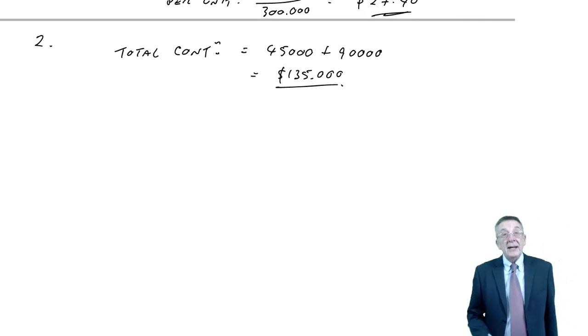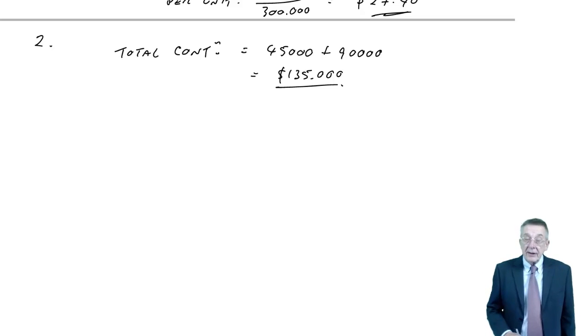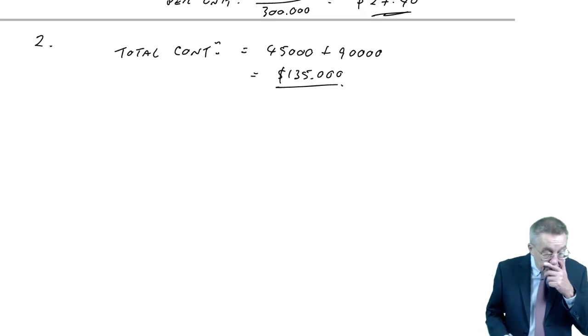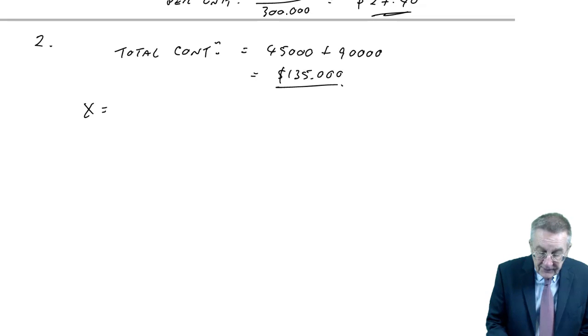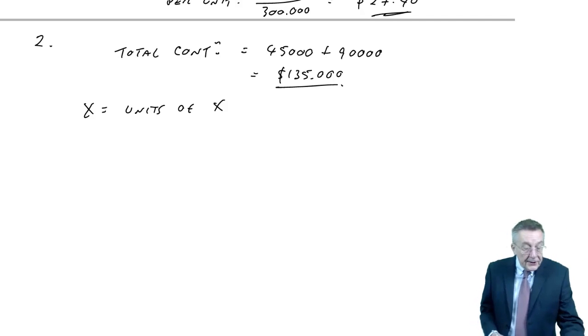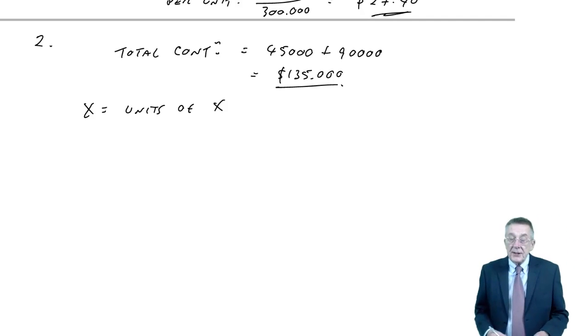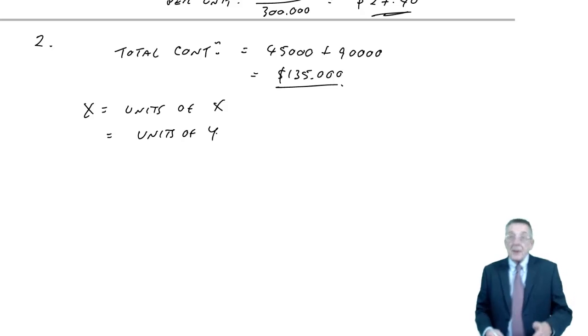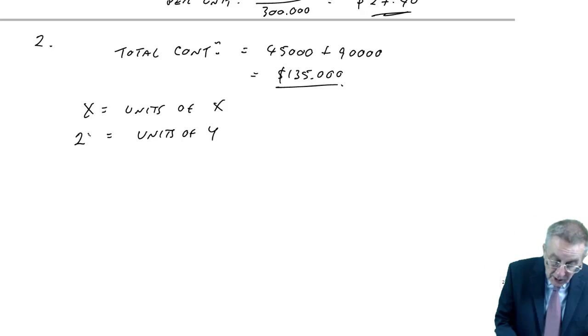We need a total contribution of 135,000. What about the units? If I let X equal the number of units of product X, it says twice as many units of product Y are made. So how many units of Y? If it's twice as many as X, surely it's 2X.